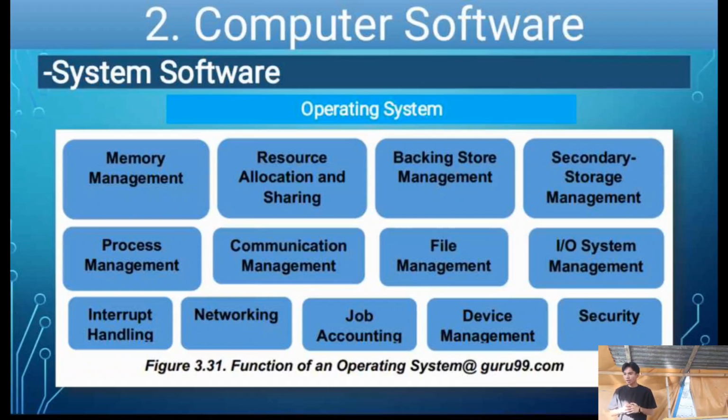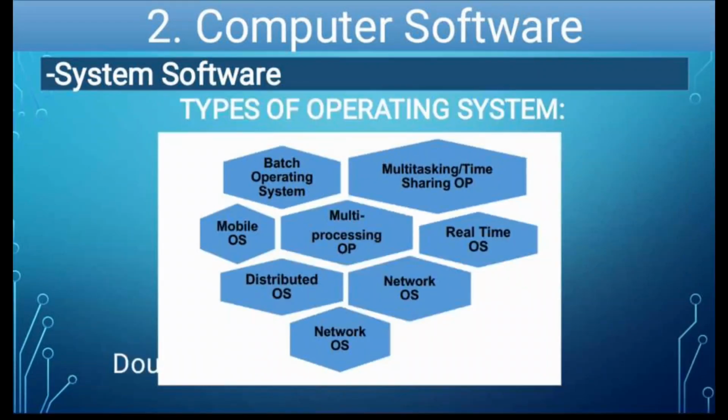Number 6, file management. It manages all the file-related activities such as organization, storage, retrieval, naming, sharing, and protection of files. And the last one is device management. It keeps track of all devices. Types of operating system. 1.